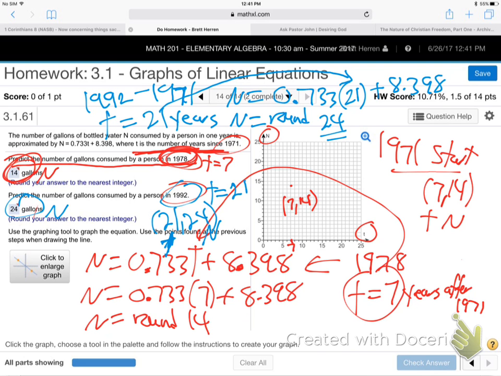So go over to 21 here, 21, go up to 24. Right there. I think I got that. Yeah, 21, 24. There's the dot. 21, 24.